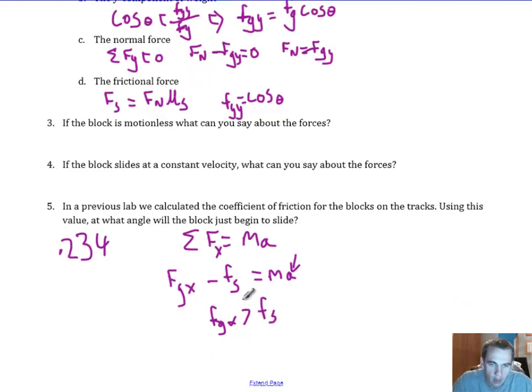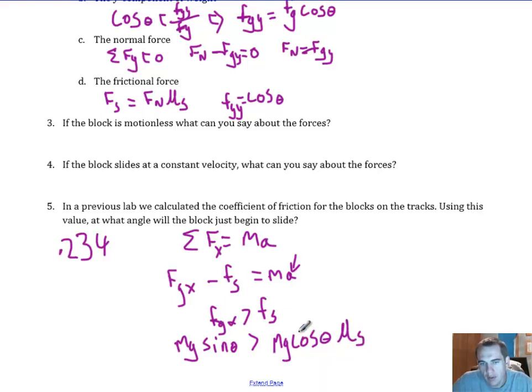And so then Fgx was mg, force due to gravity, times the sine of theta, is greater than the static frictional force, but that's the normal force, which was mg cosine theta, times the coefficient of static friction.